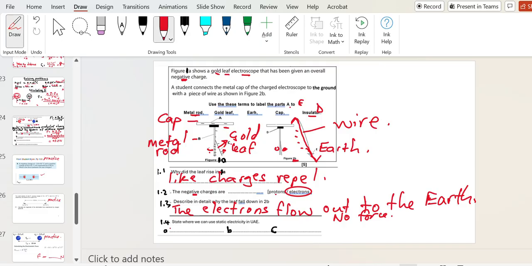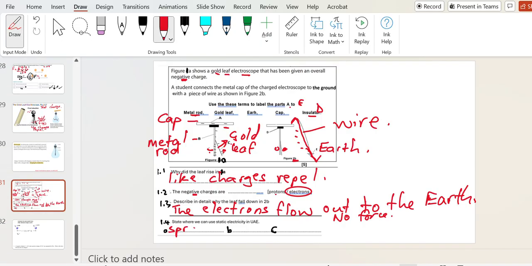We said spraying, photocopying, and lightning conductors, and removing smoke.